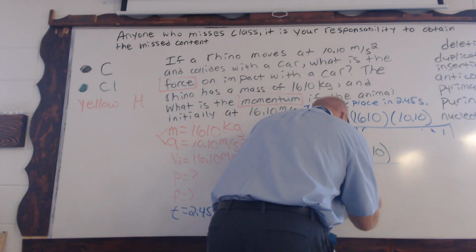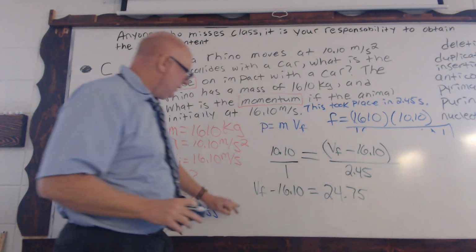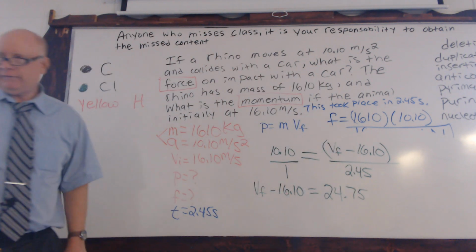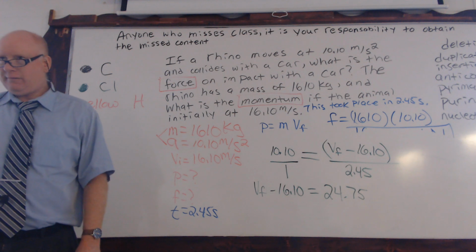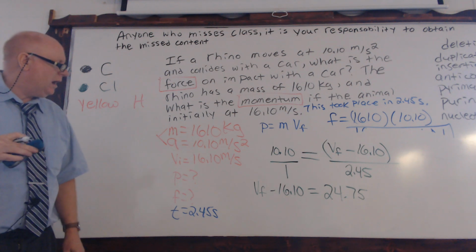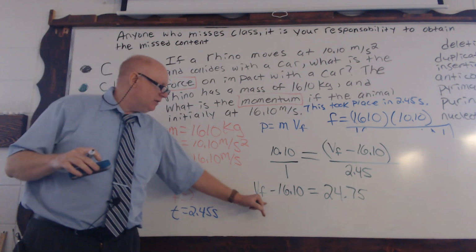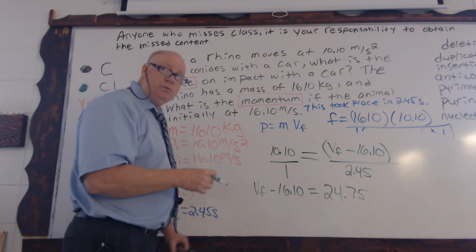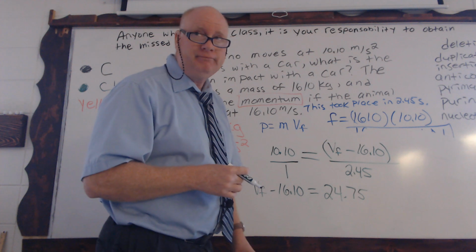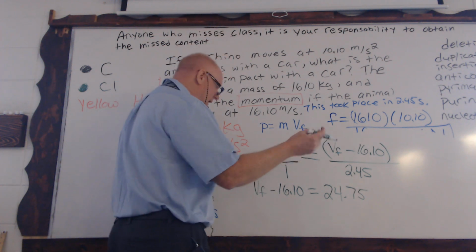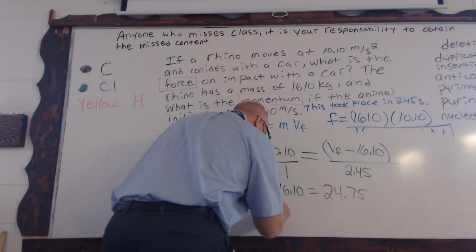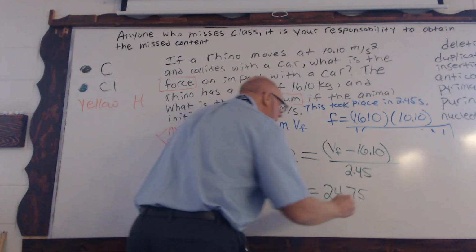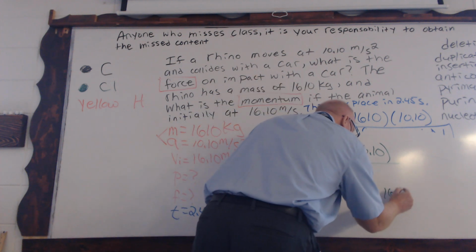Okay? So we need to get this variable all by itself. Minus 16.10. Well, that's going to give us a positive value over here. Add 16.10. Okay, we're going to do that to what though? The other side. So if we're going to add 16.10, we have to do that over here.